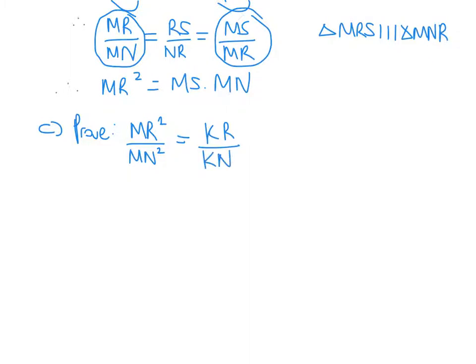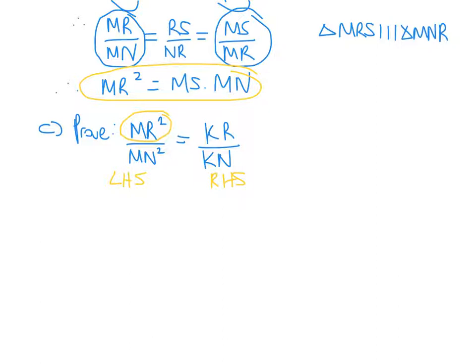Now what I actually have here is a left-hand side and a right-hand side of an equation, don't I? So let's just start with MR. I know that MR squared is equal to MS times MN.